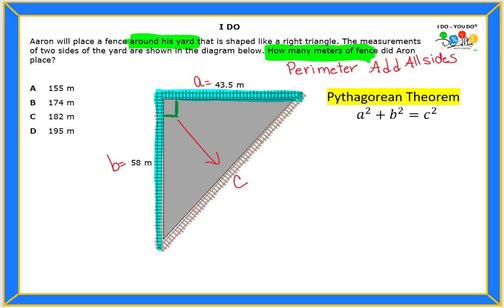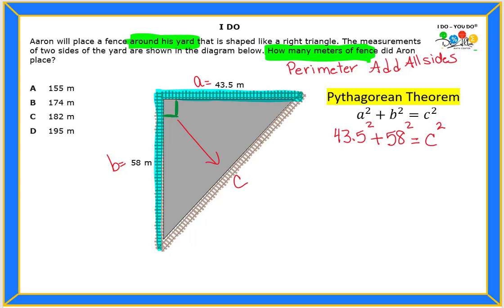So A will be 43.5 meters squared. So I'll leave the units on the side. B is 58 meters squared, and that would be equals to C squared, okay?